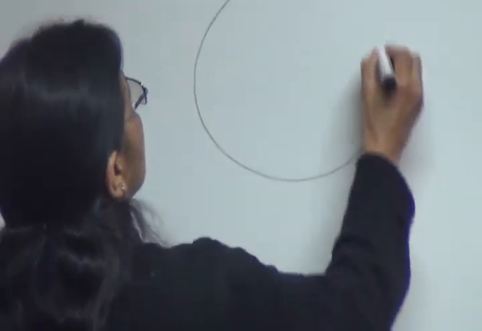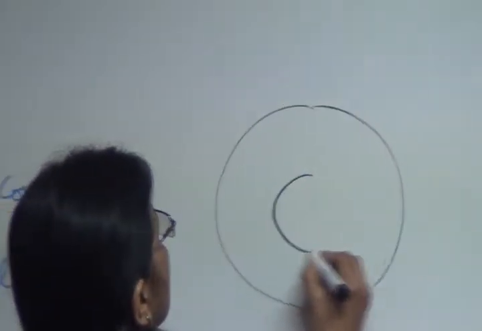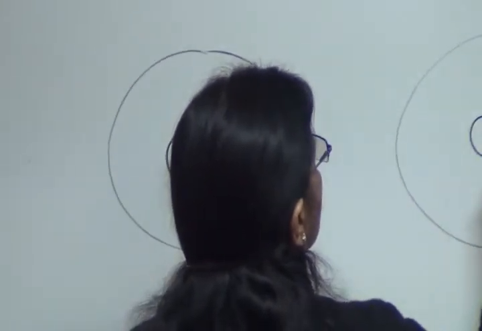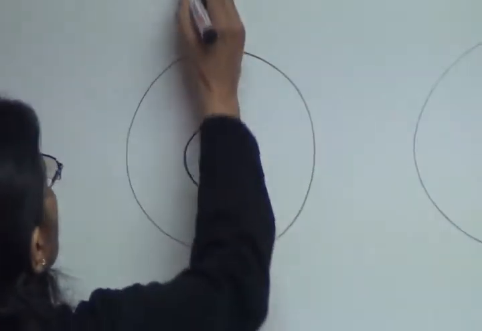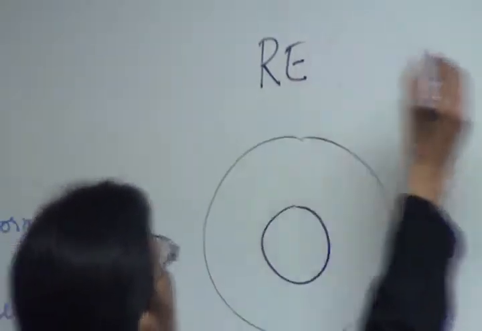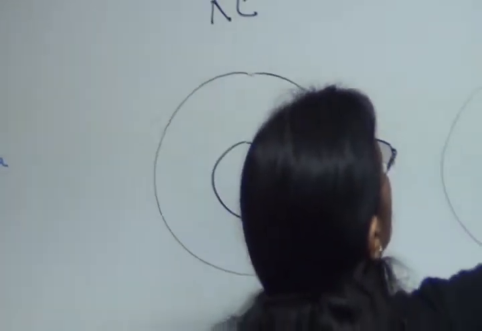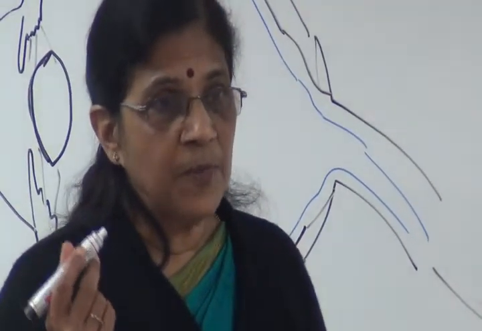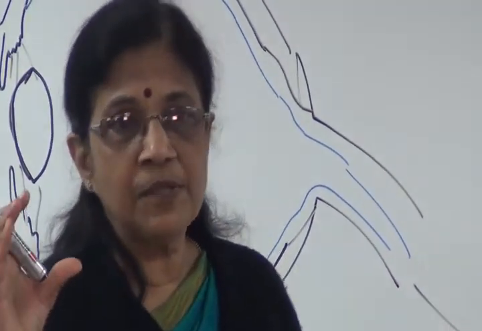The pupillary reaction, all of you know. You throw torchlight on the patient's eyes and the pupil constricts immediately.